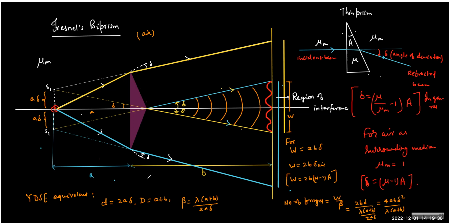So generally, what we do is the S1, S2, which you can see here. In the examination, they will not give you the S1, S2. They will not give you maybe the delta also. Rather, they will tell you that if you perform some experiment using a convex lens, a sharp image of S1, S2 is obtained for two positions of the lens, and from there we determine the separation between S1, S2.